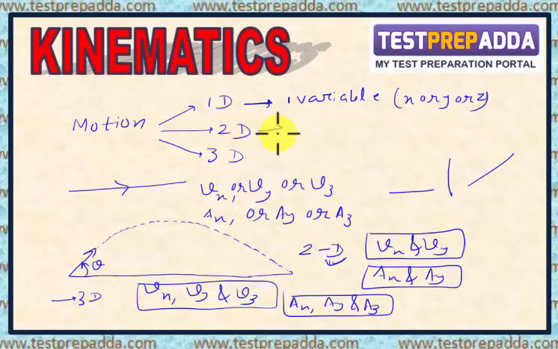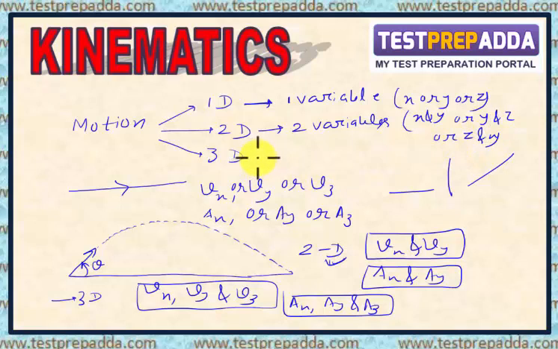And two-dimensional motion is described by two variables, x and y, or y and z, or z and x. Now for three-dimensional motion, we require, or this is described by, three variables: x, y and z.